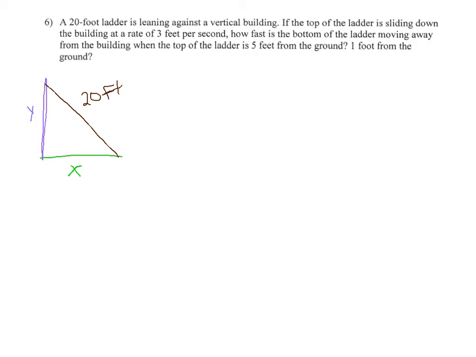So in this case, we have the rate of the ladder that is sliding down the building, so we need to make our rate negative. Since I labeled my building y, I'm going to name the rate that it's sliding down dy/dt, and we'll call that -3 feet per second.